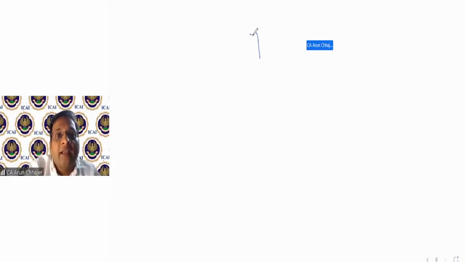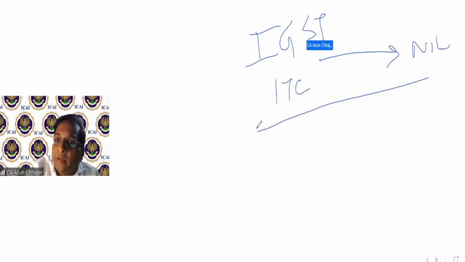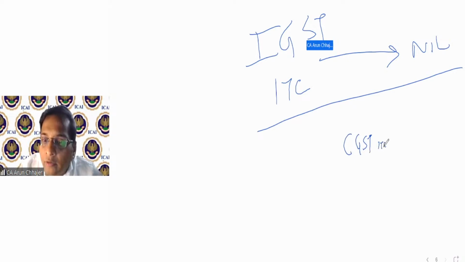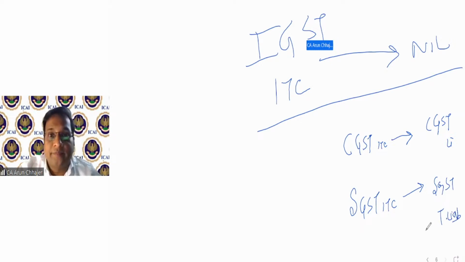Only condition, the IGST ITC should be 0. Then only you can use the CGST ITC for CGST tax liability and SGST ITC for SGST tax liability. Is that clear? I hope it is clear to all.